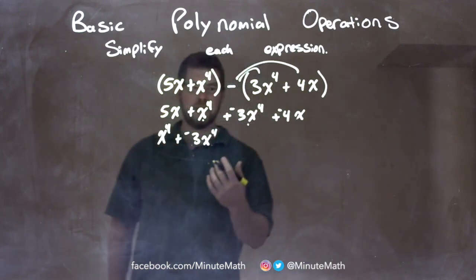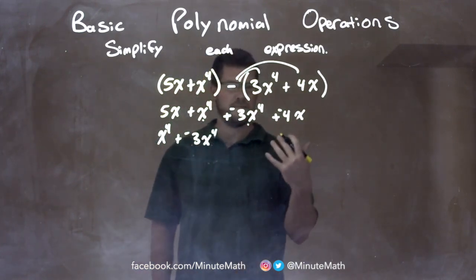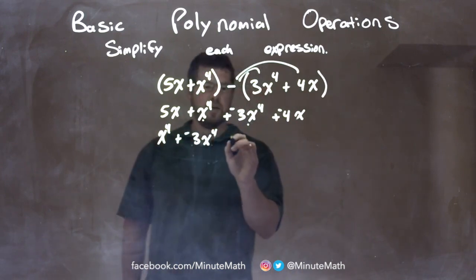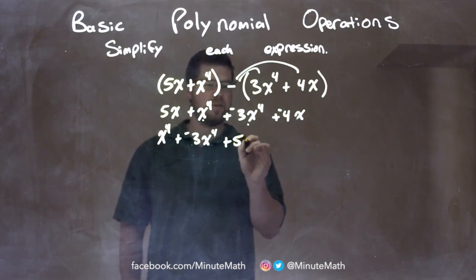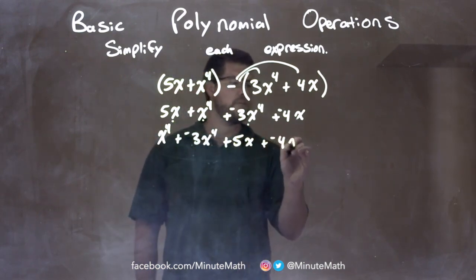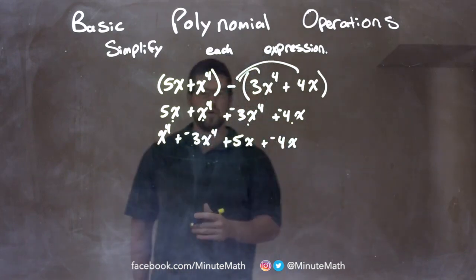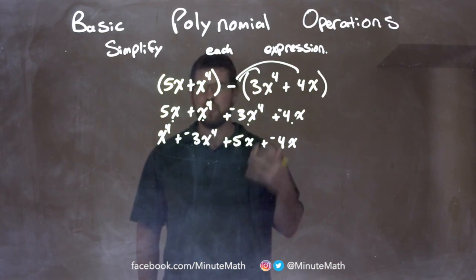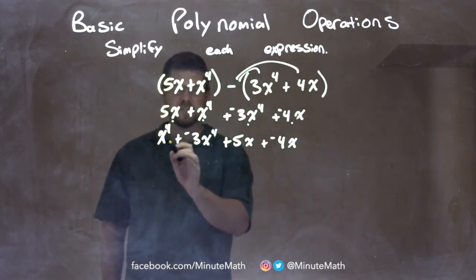Now the next highest degree I see, well, I don't see a 3rd degree or a 2nd degree, but I see a 1st degree, 5x and minus 4x. So we have plus 5x, brought that term over, and then we have plus a negative 4x, okay? Brought that term over. So from there, we have one more step. We're almost there. Let's combine them.